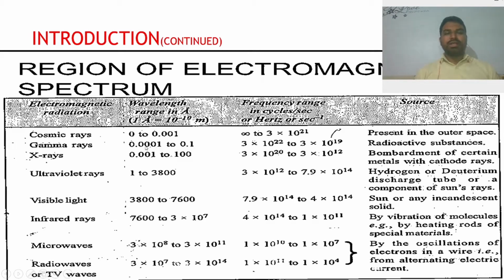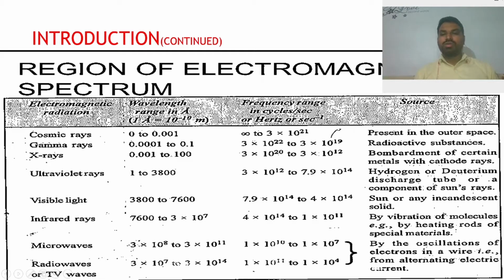This is wavelength. Now this is the frequency range in cycles per second, or hertz, or second inverse. It is from infinity to 3 into 10 raised to 21. Here radio waves are 1 into 10 raised to 11 to 1 into 10 raised to minus 4.